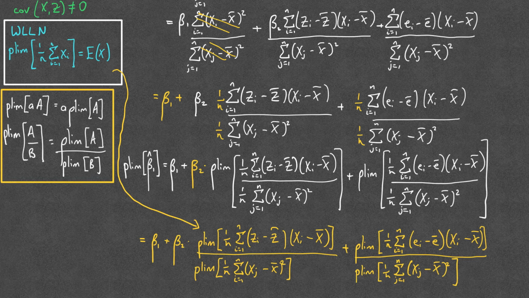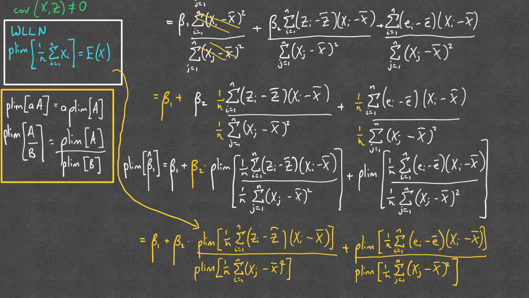Now we need to go back and think about our assumptions. We assumed at the beginning that the expectation of ei given any set of x is going to be equal to 0. Now it follows from this that the covariance between e and x is also going to be equal to 0. So that means that the numerator of our final term is just going to be equal to 0. So this whole term vanishes.